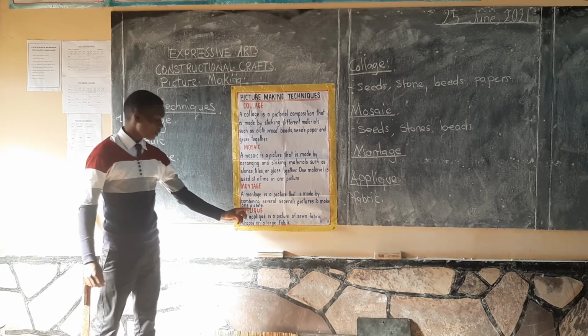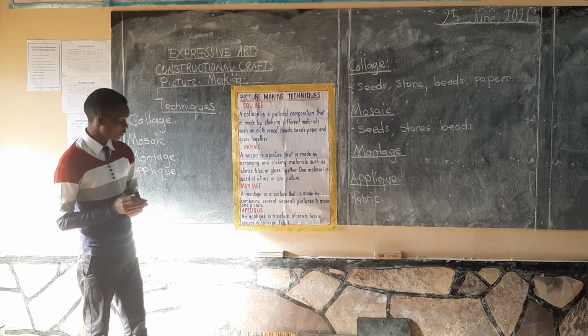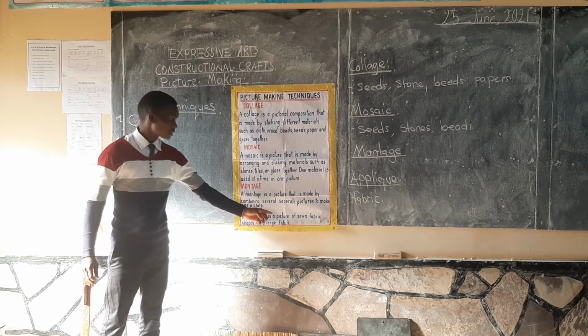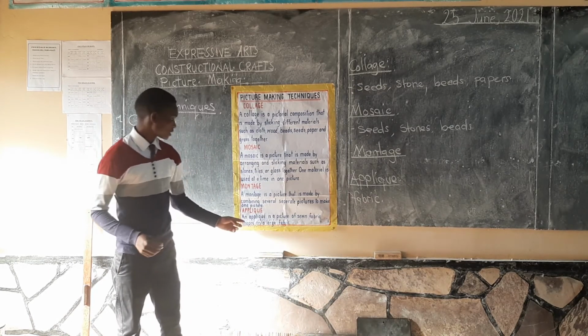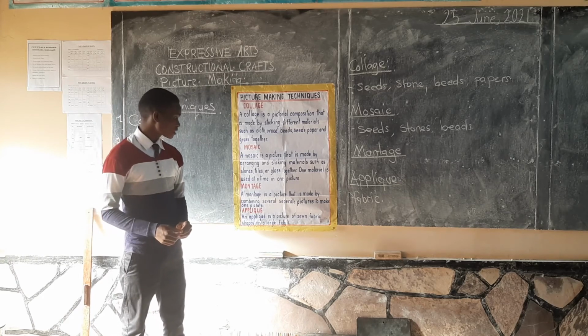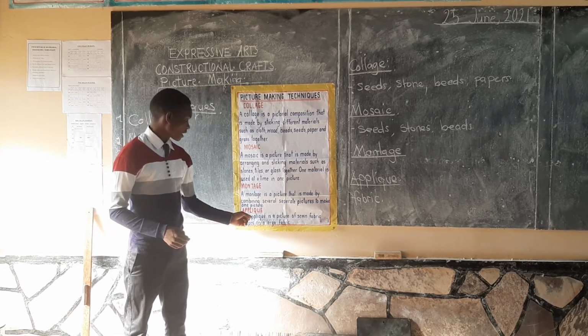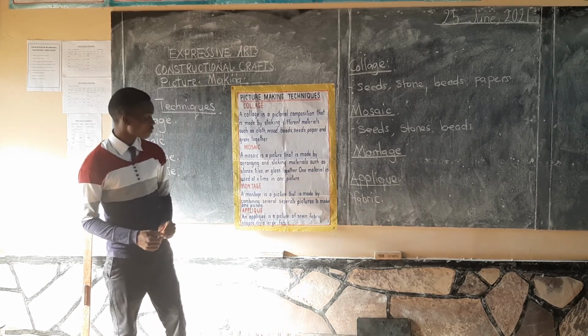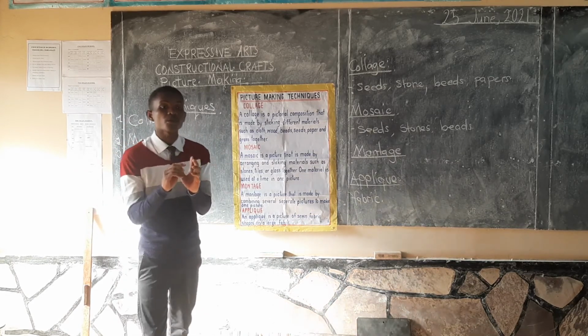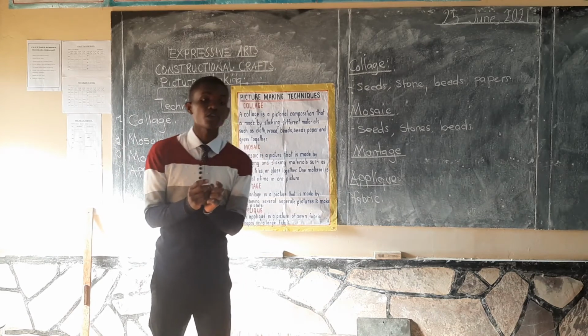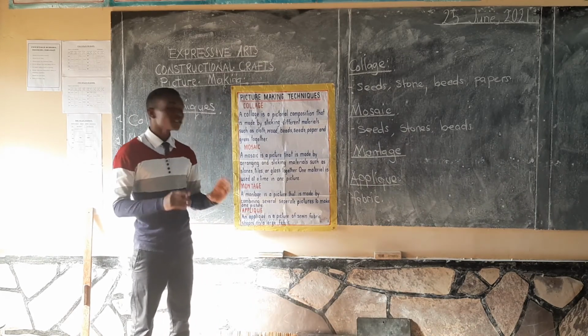Now, the applique, this one I said is different in the sense that it is a picture which involves sewn fabric shapes on a large fabric. So you have to come up with nice shapes. Then you sew them on a large fabric.